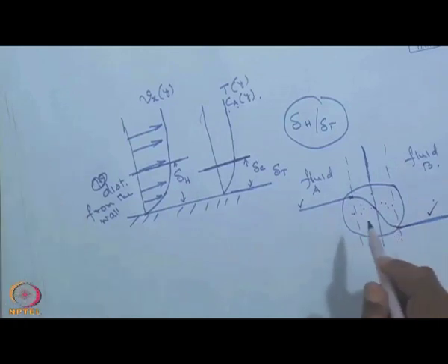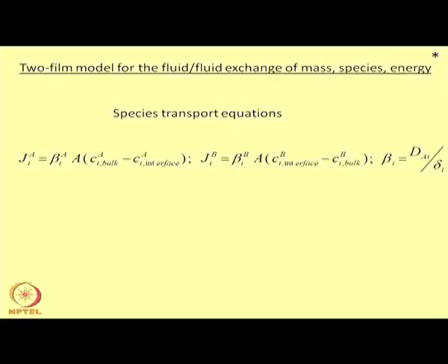So, one can express, as we see over here, that the flux or the amount of transport of species 1 can be expressed as proportional to the difference of concentration of A in the ith fluid at the bulk minus at the interface, and similarly from the interface to the bth fluid.